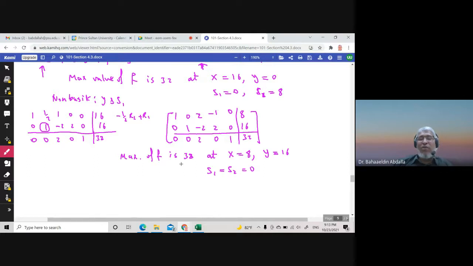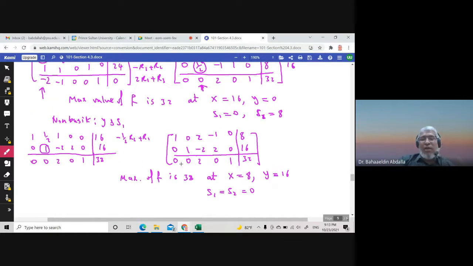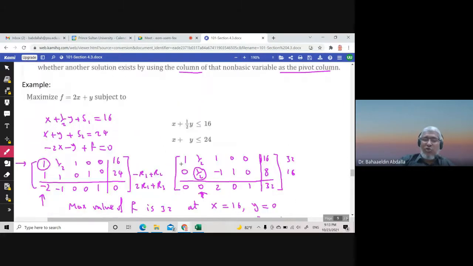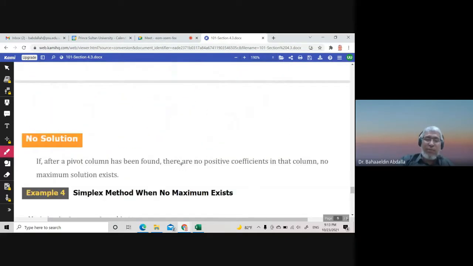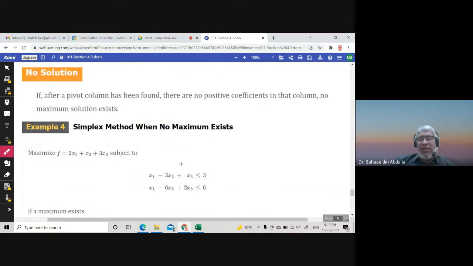So here we have multiple solutions. Not only two, we can find infinitely many solutions.